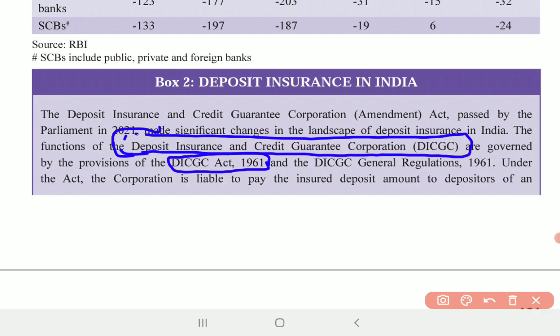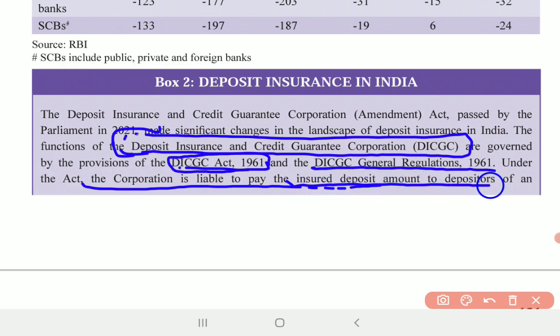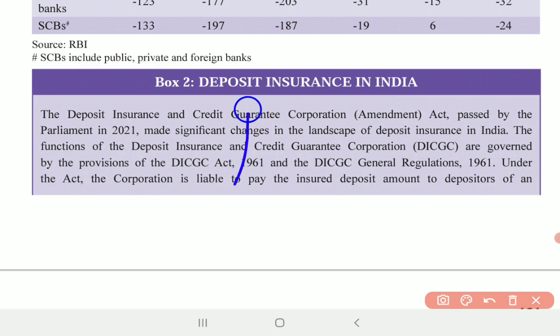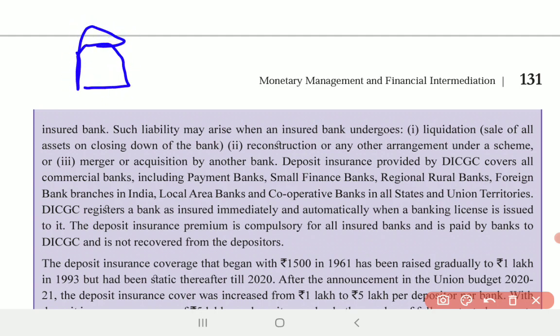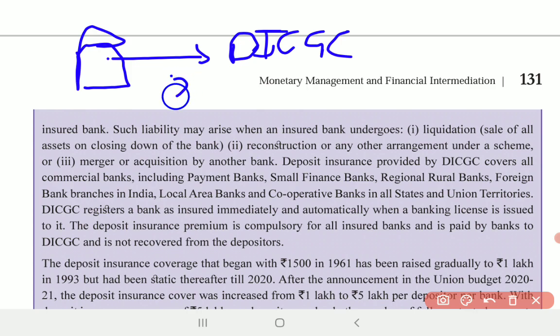There are the DICGC Act and the DICGC General Rules 1961. Under the Act, the corporation is liable to pay the insured deposit amount to the depositors of an insured bank. That means the bank will pay a certain amount of insurance premium to the DICGC.